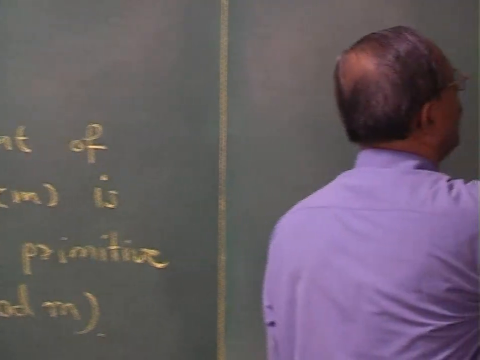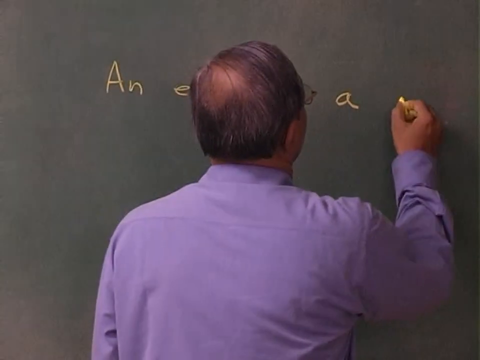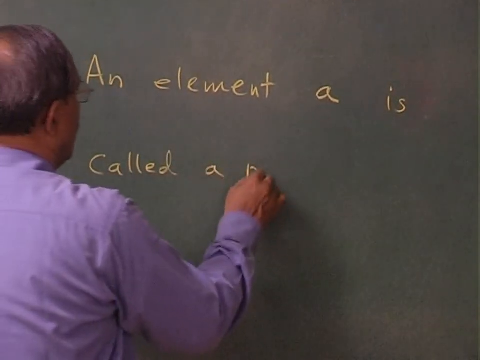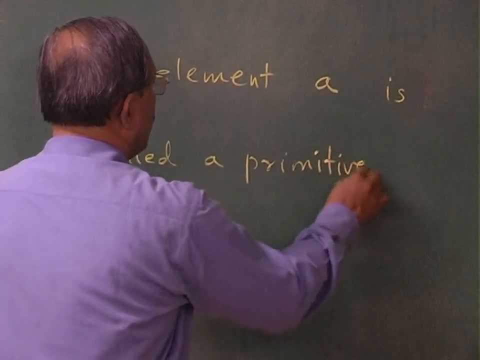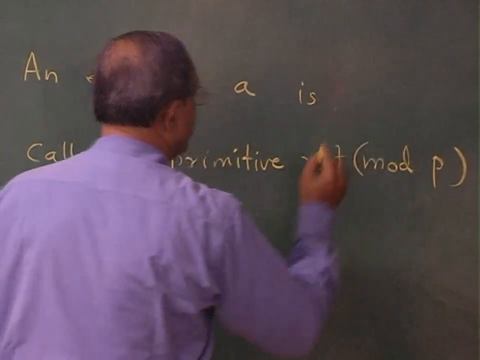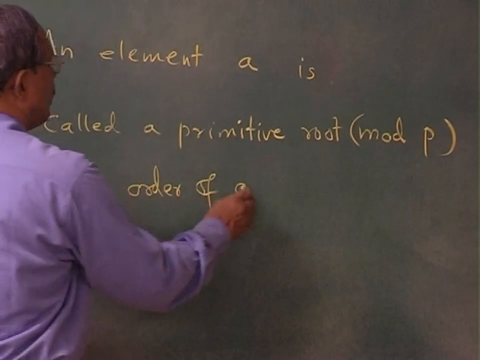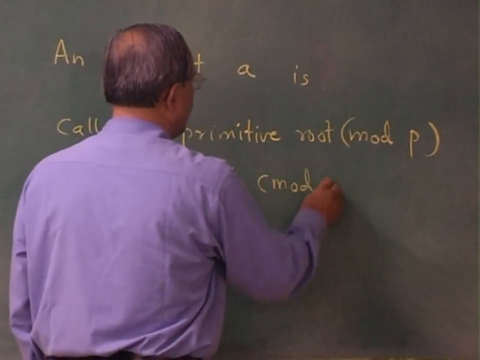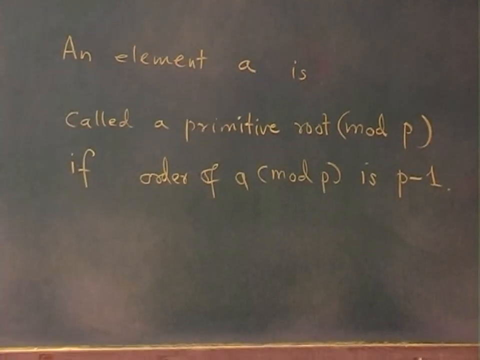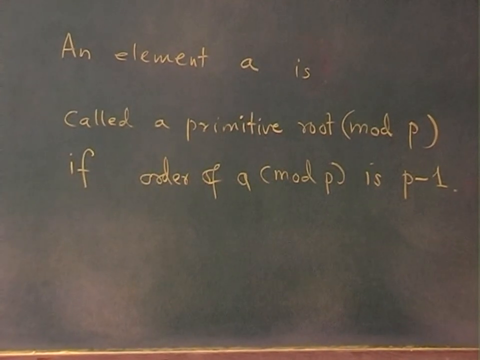Element A is called a primitive root mod p prime if the order of A mod p is p minus 1, because phi of p is p minus 1.